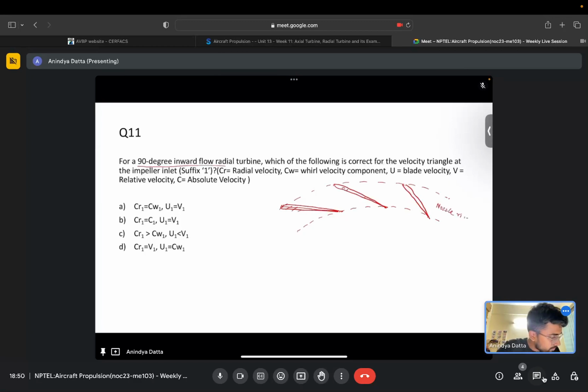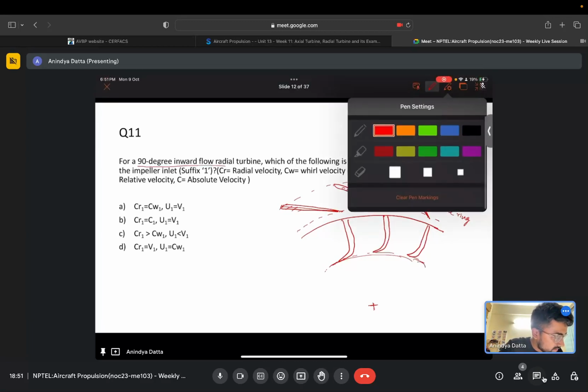After that you have the impeller blades. These are curved, and finally this turns over, so the flow comes in radially, turns, and then exits axially. Here you are seeing the plane normal to the rotor axis. This is your station 1.